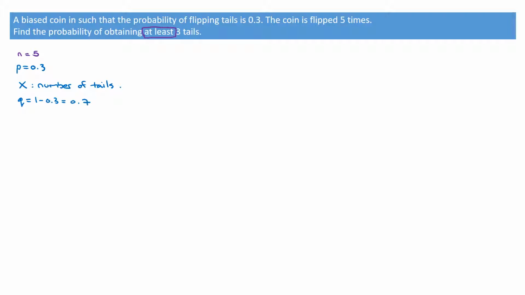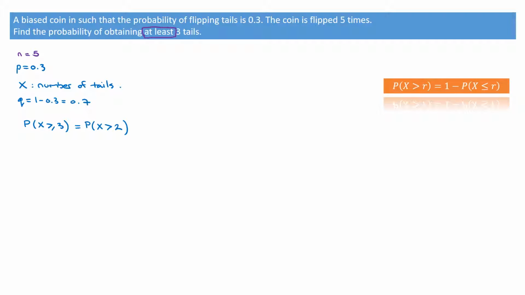That's the same thing as the probability of X greater than or equal to 3, but this is also the same thing as the probability of X being greater than 2. And now we can use our complement formula. Remember, that was the probability of X being greater than r equals 1 minus the probability of X being less than or equal to r.